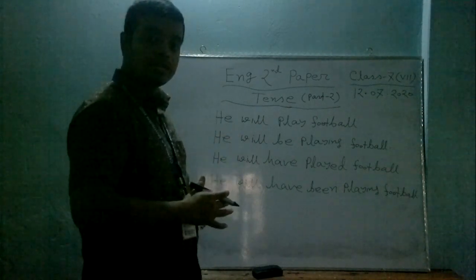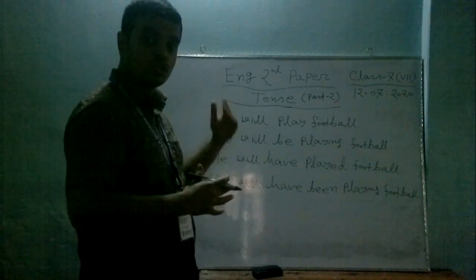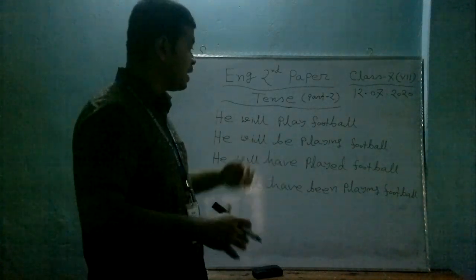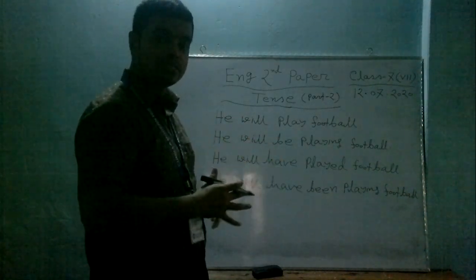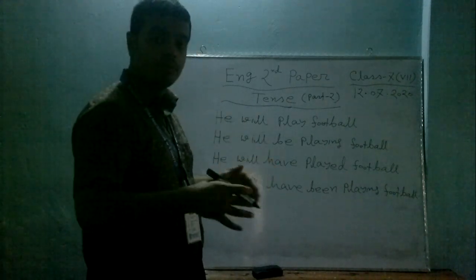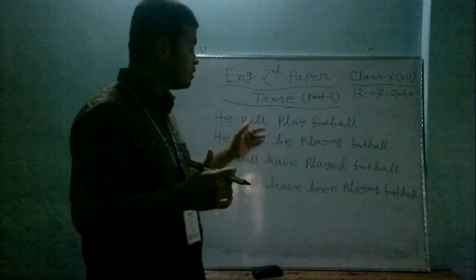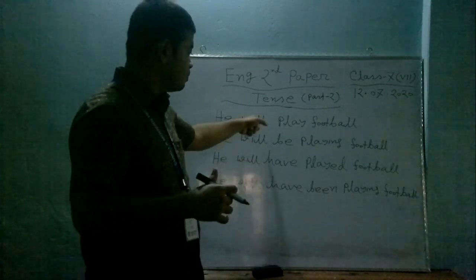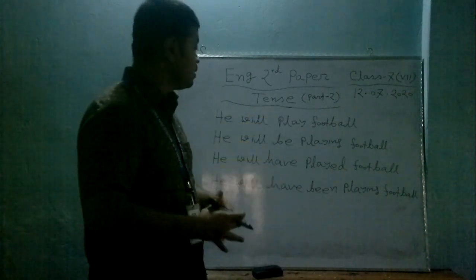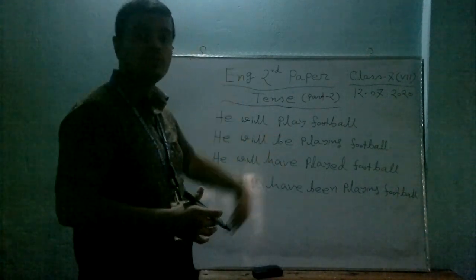First, our sentence was he play football, present indefinite tense. Then we make it in every four tenses. Then in past tense, our sentence was he played football, and we make it by following the structure in past tense. And then the sentence was he will play football, and we make it by following the structure in future tense.